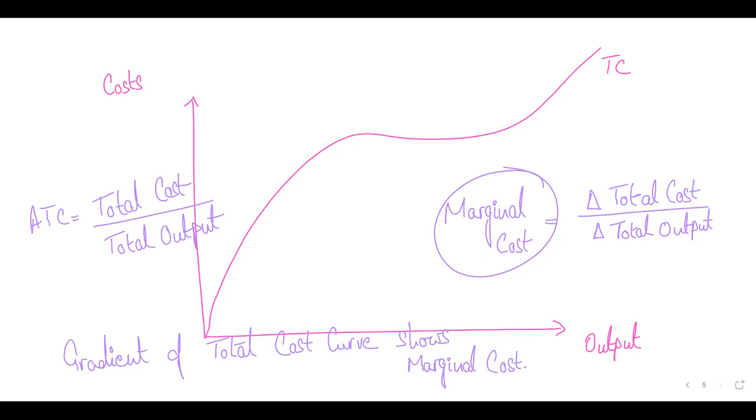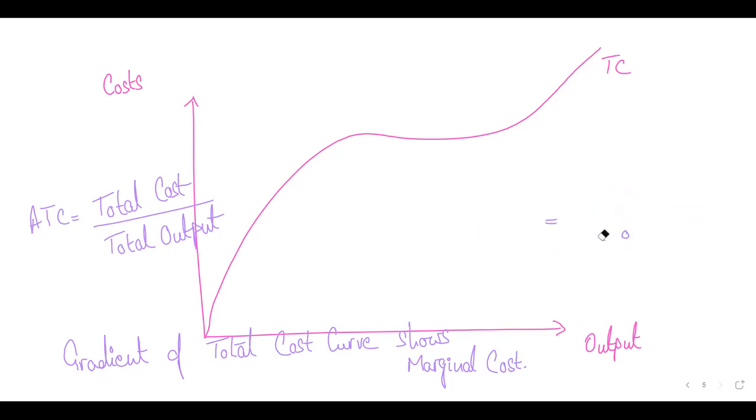Now, let me get rid of this extra stuff. What you need to know here is, if I have to find the gradient at this point, I will draw a tangent line to this curve.